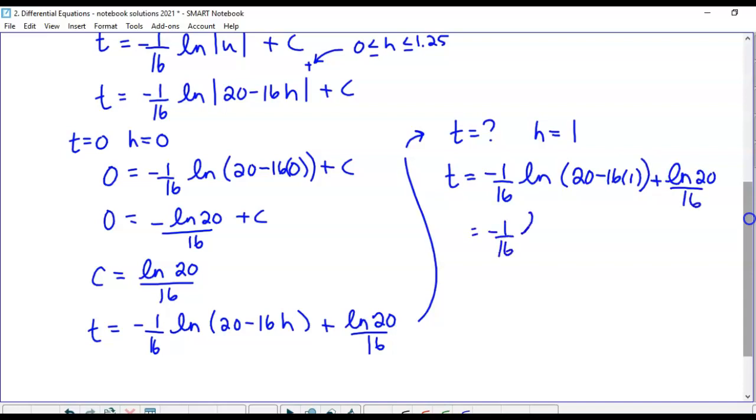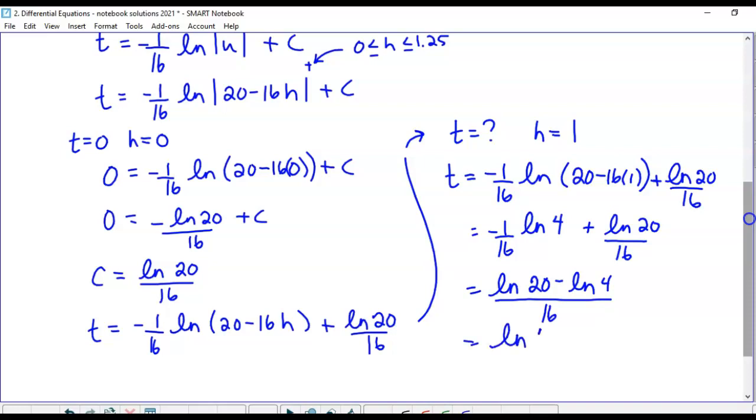So that's going to be ln of 4. So really, as one expression, that's ln of 20 minus ln of 4 over 16. And that's the same as ln of 5 over 16.